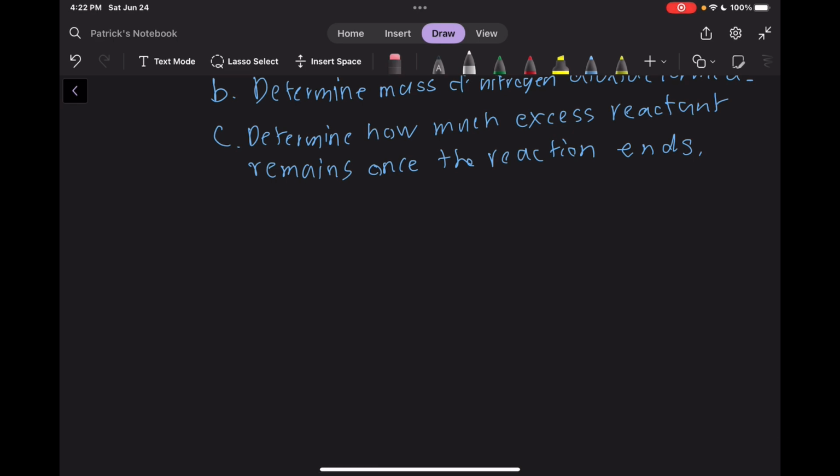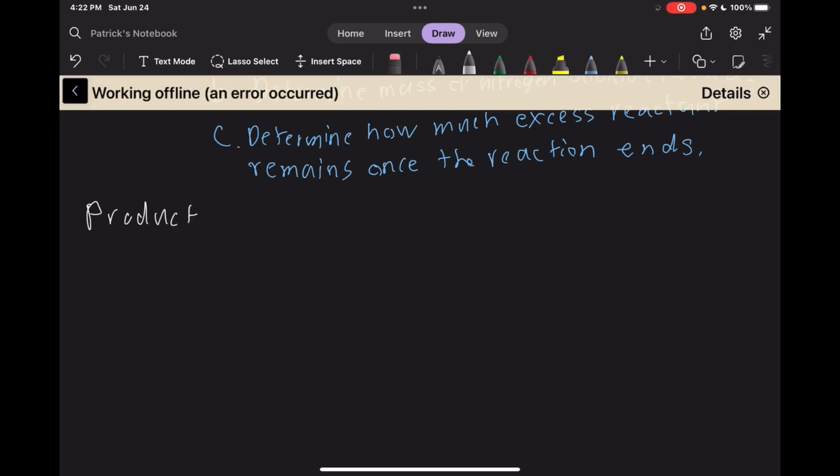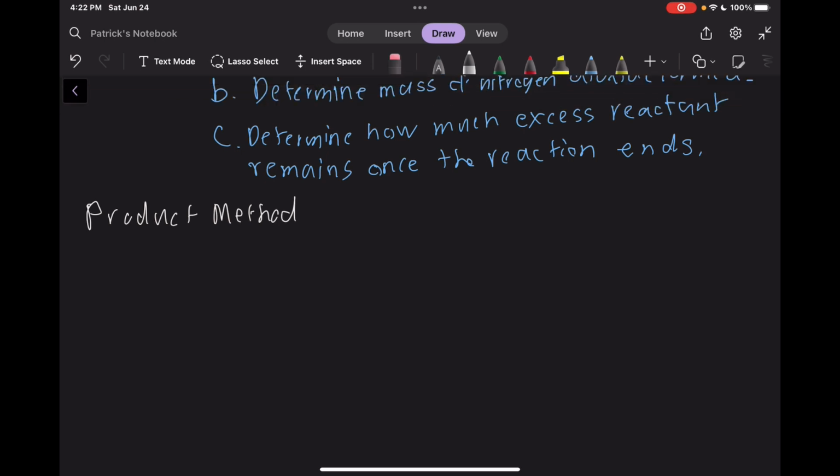Let's go out of order and use the product method for this one. I personally prefer this method since it's always made more sense to me, so let's see what we can do with it. For this procedure, we need to determine how much product each reactant produces. First, we'll need a balanced chemical equation.